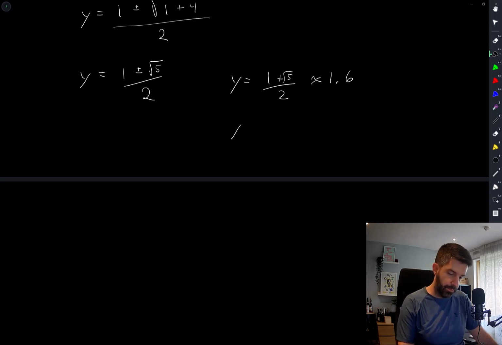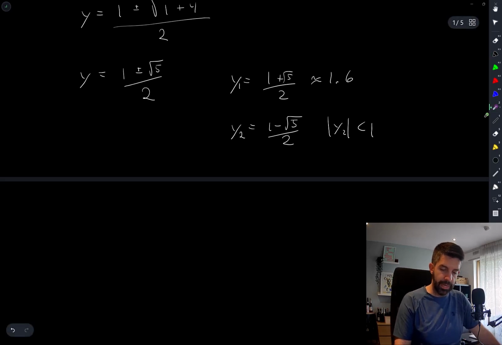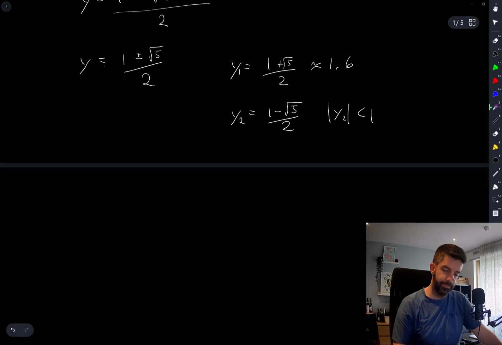But the other one, y is equal to 1 minus root 5 over 2, is negative. Let's call these y1 and y2. The absolute value of y2 is less than 1, so we can't use that in our solution.